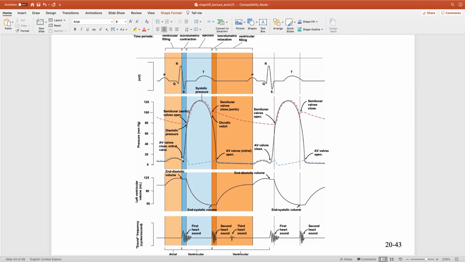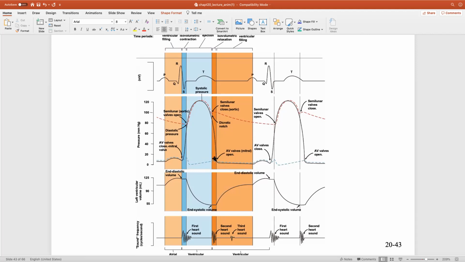Then what happens? Remember, halfway through the ejection phase, blood from the lungs starts moving into the left atrium. As it moves in, it creates a little bit of pressure in the left atrium. As the pressure starts to increase in the left atrium, the pressure in the left ventricle drops to 0. The left atrial pressure now exceeds left ventricular pressure.